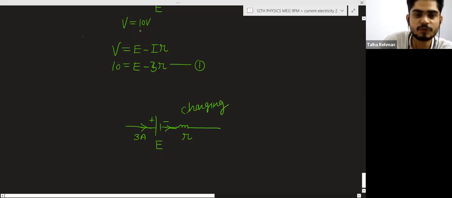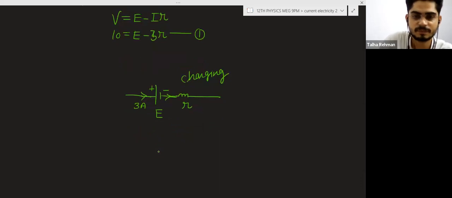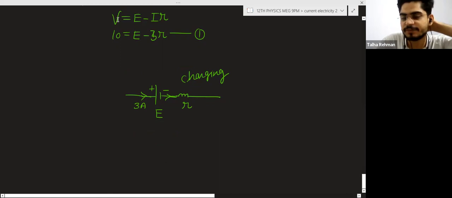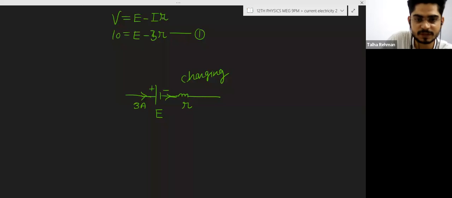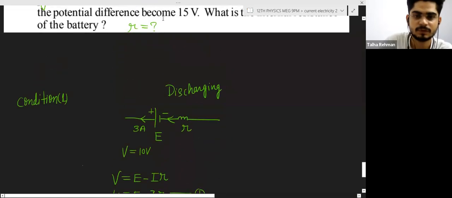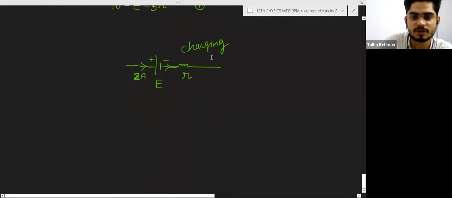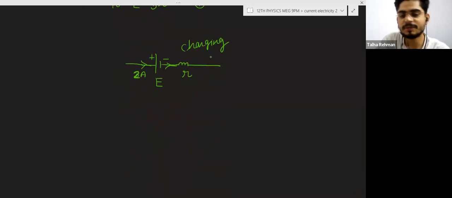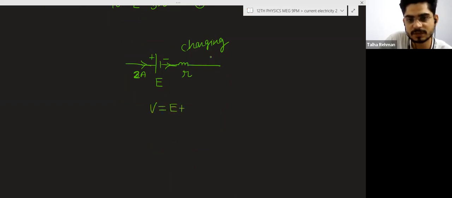So this is charging. And what is the equation of potential difference for the charging? I am talking about the relation between the potential difference, EMF, internal resistance, and current. And current here is 2 ampere this time. So when charging, the terminal potential difference or the voltage is greater than the EMF, so you will write V is equal to E plus Ir.